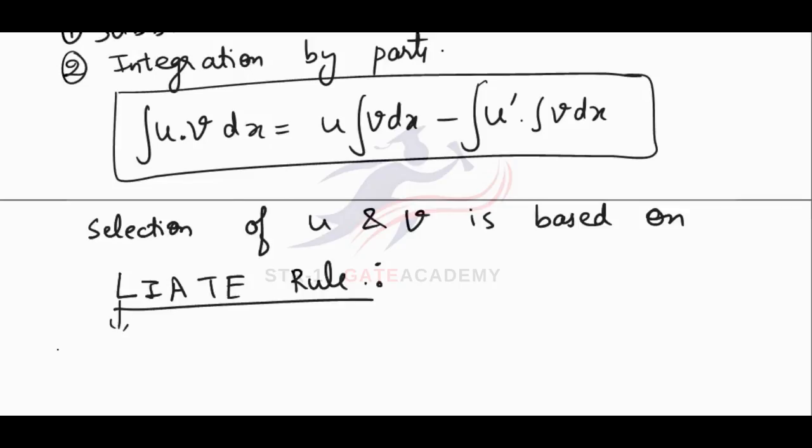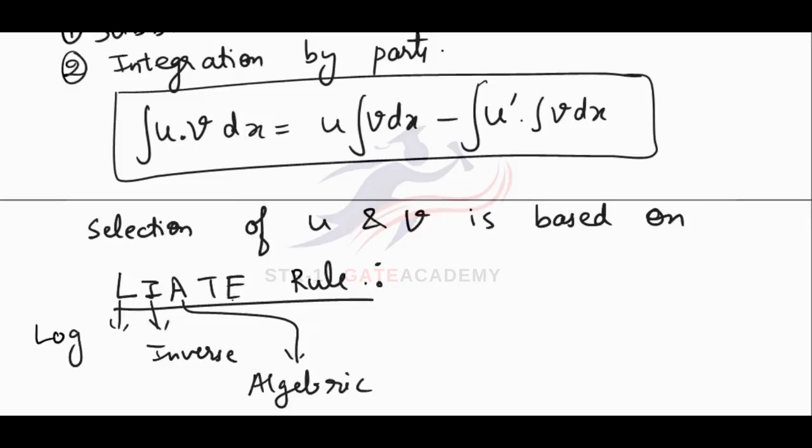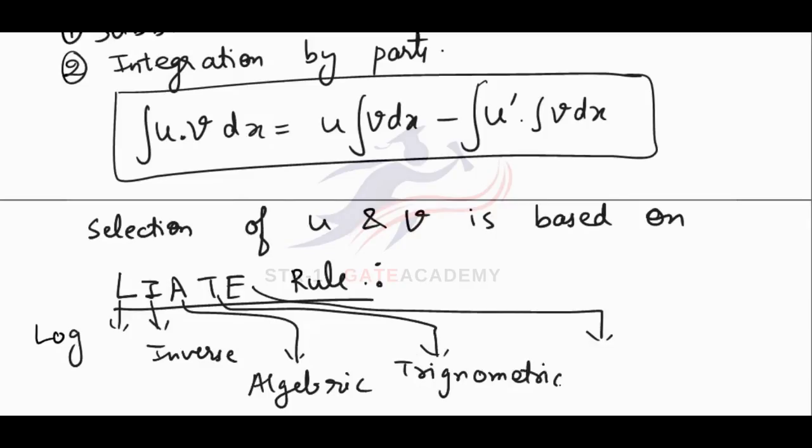Where L is log functions, I is inverse, A is algebraic, T is trigonometric and E is exponential. So this is the rule which we will be using for by parts, right?